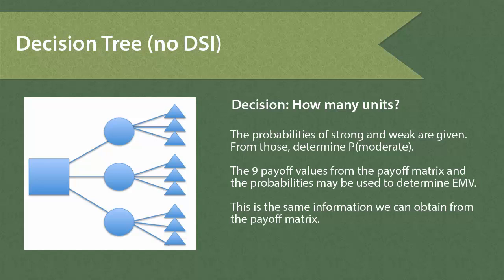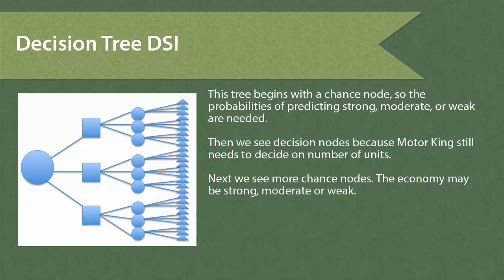So with our payoffs and with our probabilities, just from the given information, we could construct this basic tree exclusive of the DSI information. So now let's look at what we could do with the DSI information.